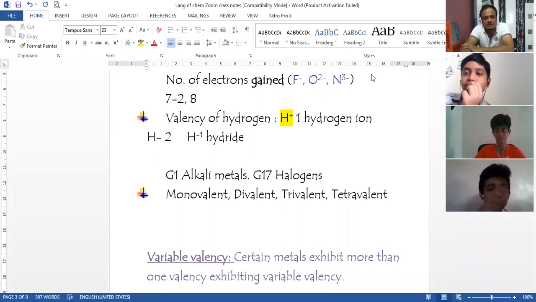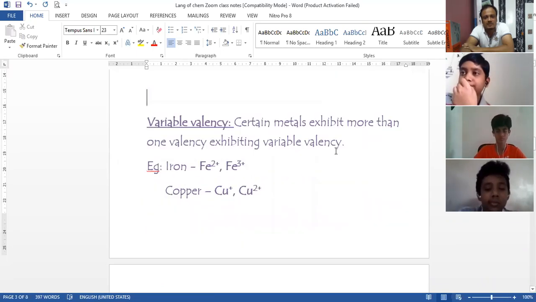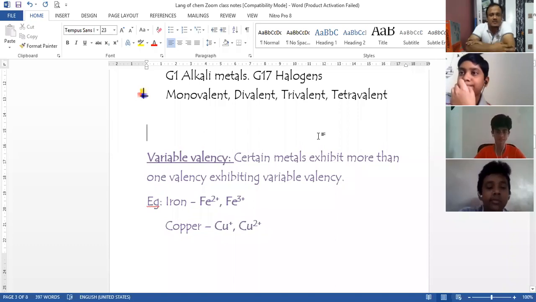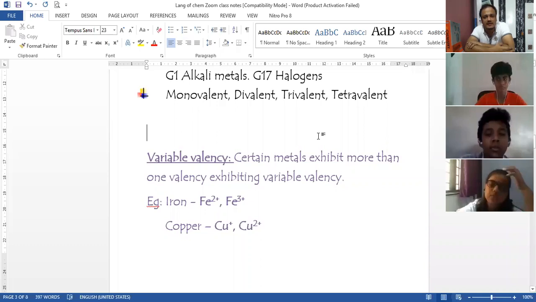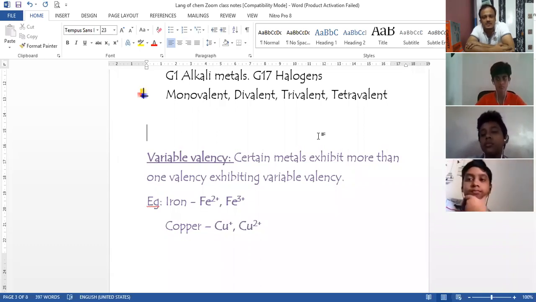Okay, so the next topic which we have is variable valency. Variable valency also was incorporated in the valency chart which was provided to you in grade 8. So variable valency is nothing but the metals which exhibit more than one valency. They are called elements having variable valency.